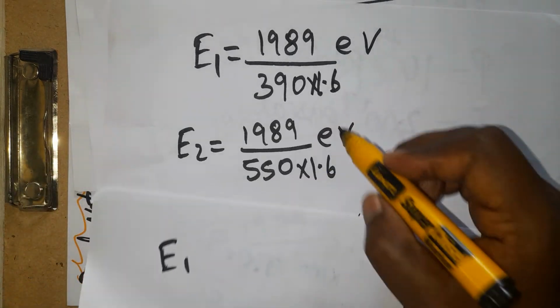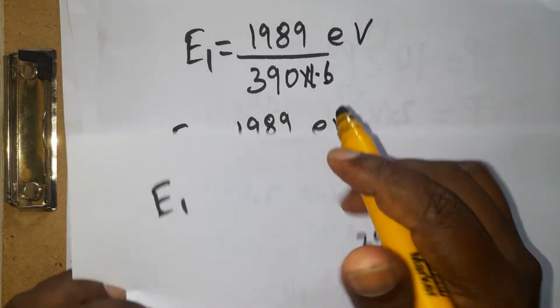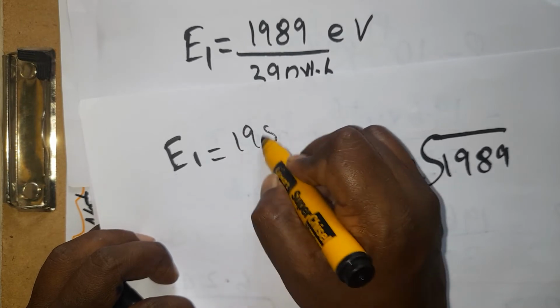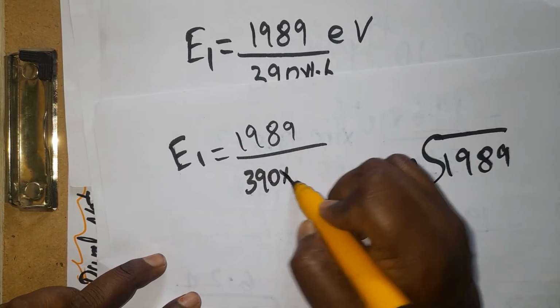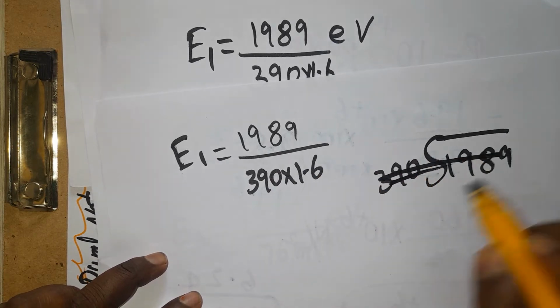So for the two multiplications, first we see 1989 divided by 390 into 1.6. First we should do the multiplication, then you can do the division.